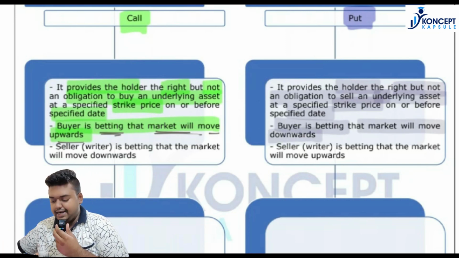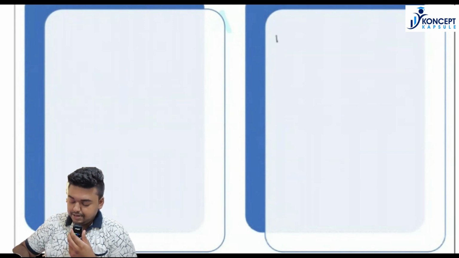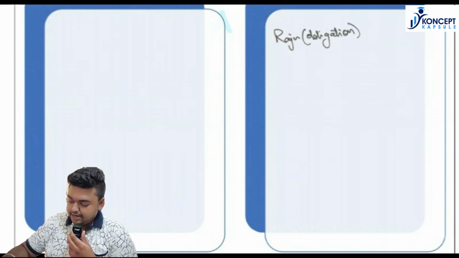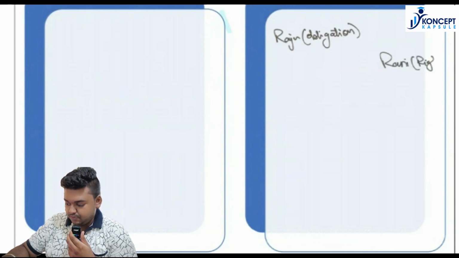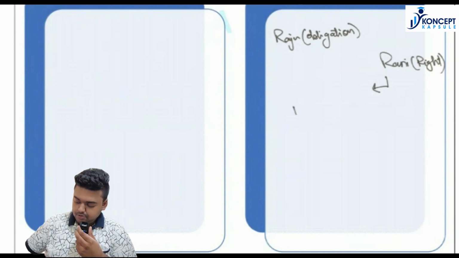Now, suppose in that example, if I modified the example and said Raju has the obligation and Rani had the right. In that situation, when would Rani have exercised the option?